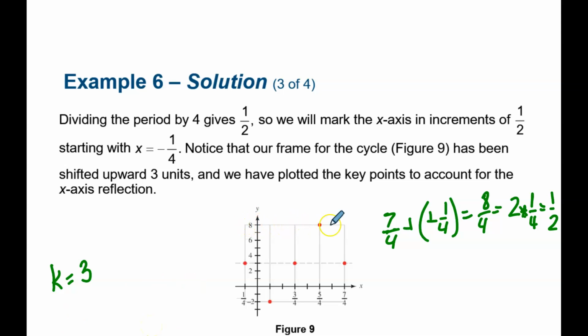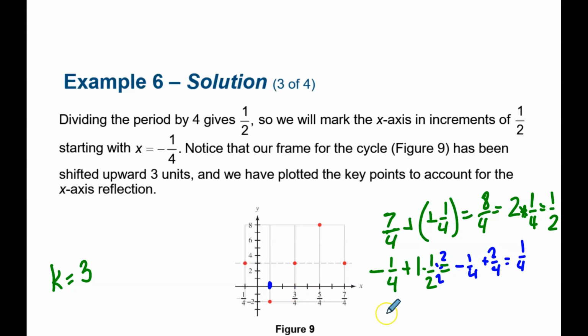Now let's draw the frame first, and then we'll plot the points. We start from negative 1/4, then negative 1/4 plus 1 times 1/2, which is negative 1/4 plus 2/4, or 1/4. Here's our first segment.